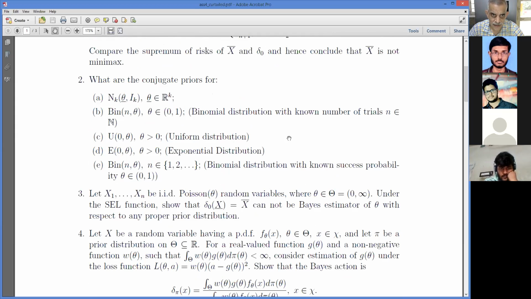No? Sir, for part A, the calculation is coming out to be complicated. Why? It would be just x minus theta transpose x minus theta, right? e to power minus half x minus theta transpose x minus theta and some constant.